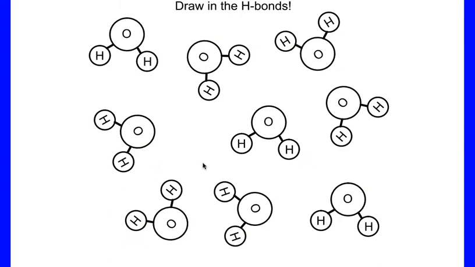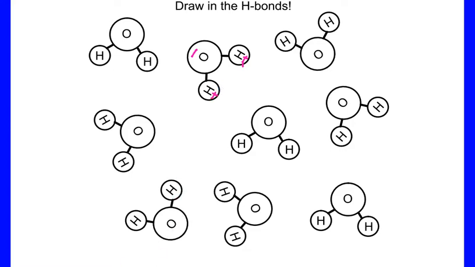Okay, so if we were to practice drawing in some hydrogen bonds between our water molecules, we know that the oxygen is slightly positive, or excuse me, slightly negative. I put that in the wrong place. Sorry about that. All right, let's fix that. Okay, our oxygen is slightly negative and our hydrogens are both slightly positive. There we go.